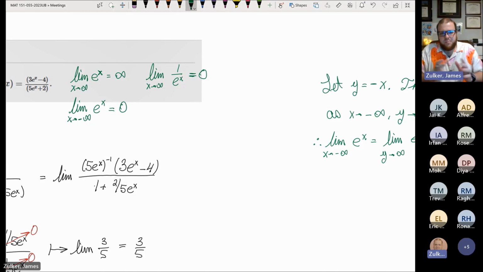The other way you can look at it is from pre-calculus. Just remember how e to the x behaves. It has a horizontal asymptote at 0. We know it's going to hug the x-axis on the left side, and it grows without bound on the right side, which would make this limit have to be 0.